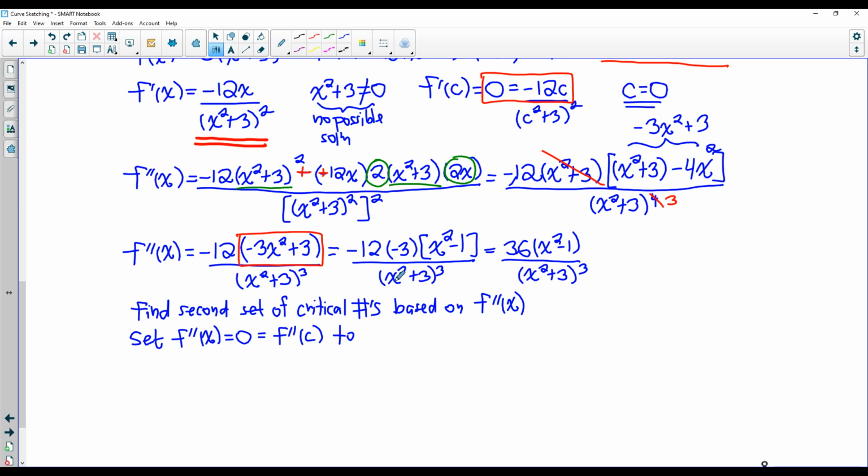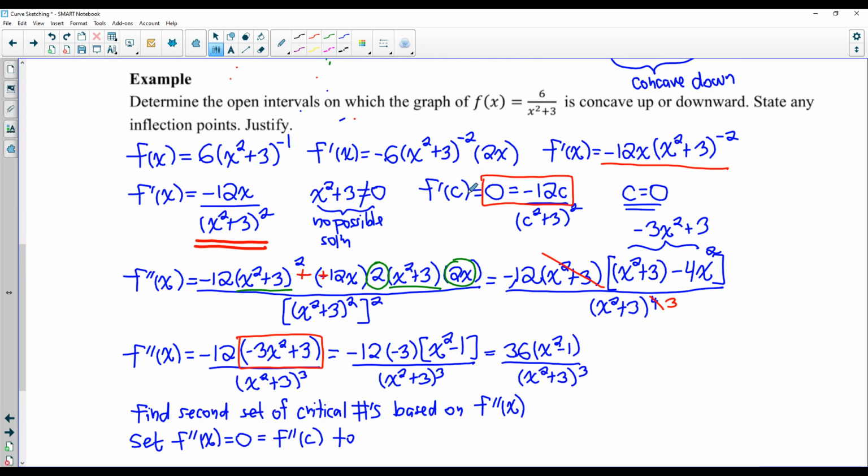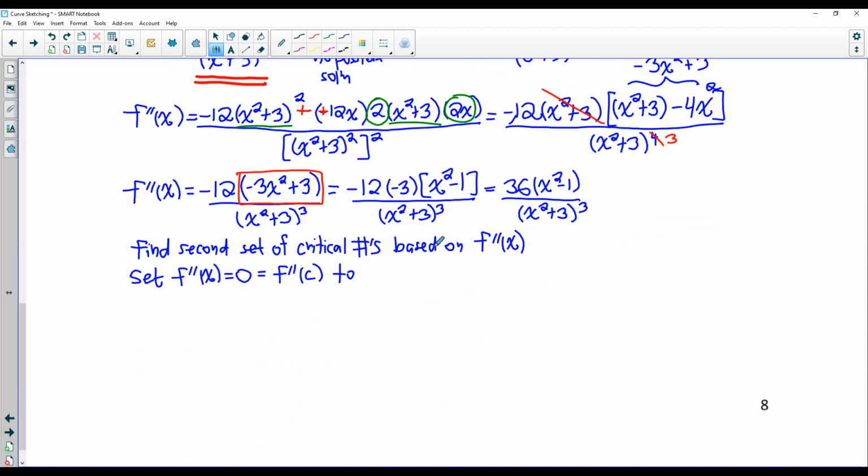Now, when we set the first derivative, f prime of c, equal to 0, that tells me the intervals where the function is increasing or decreasing. When I do this for the second derivative, where I take f double prime of c and set that equal to 0, that's not necessarily telling me where the function is increasing or decreasing. What it's telling me is we're using it to determine the intervals of concavity.